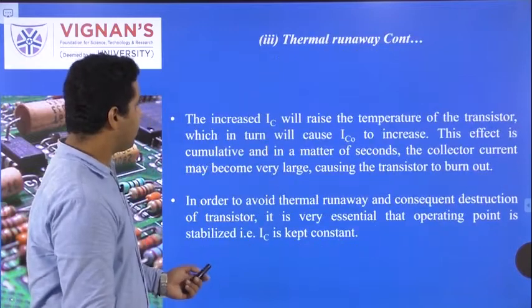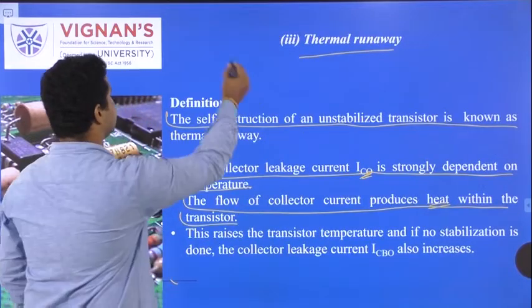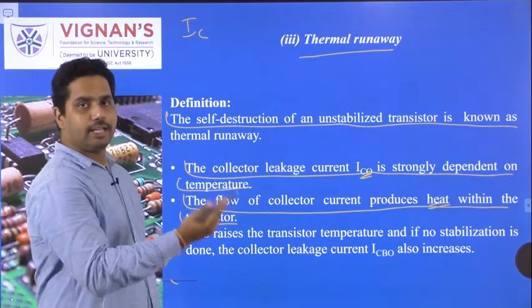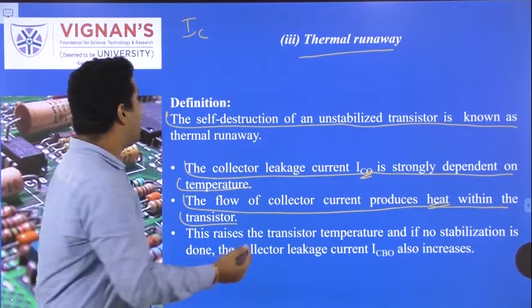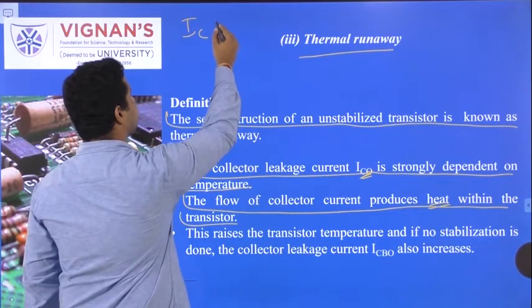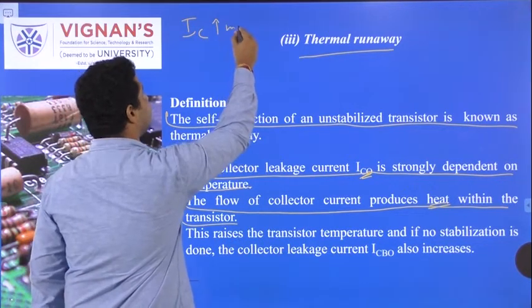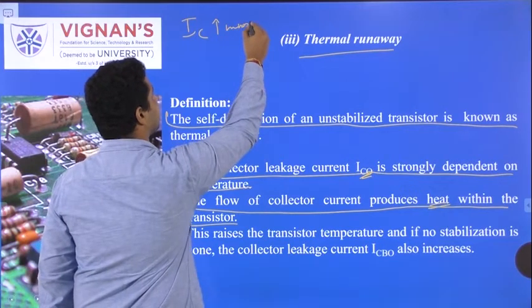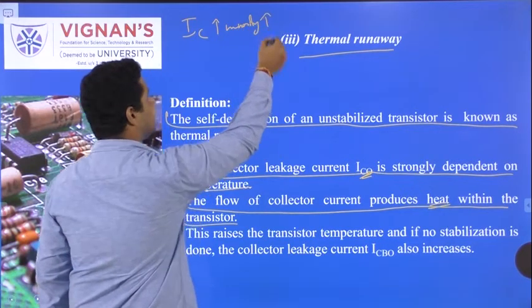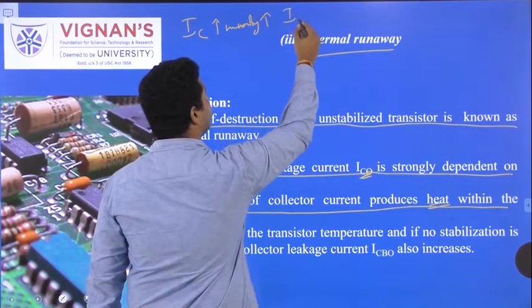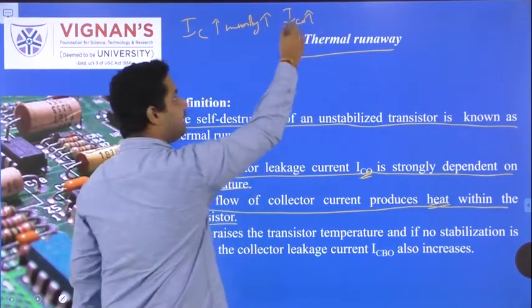I will draw that here. What I am trying to say is, when collector current is flowing, heat dissipation will be there. Because of heat generation or rise in temperature, minority charge carriers will be generated, and the leakage current will be more.